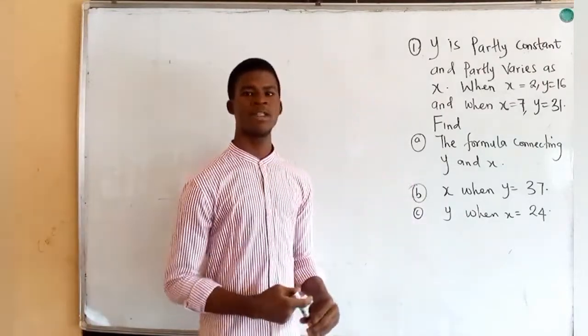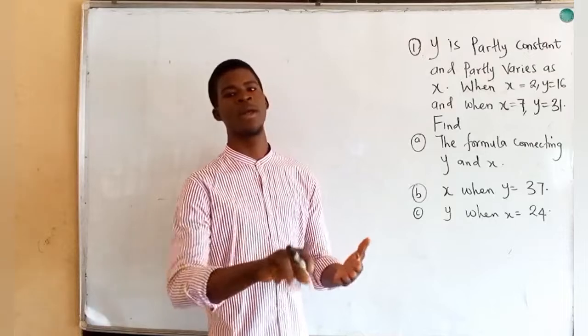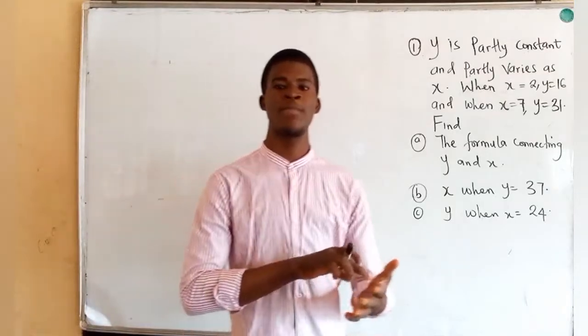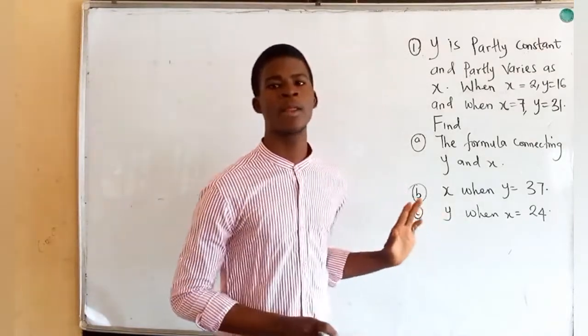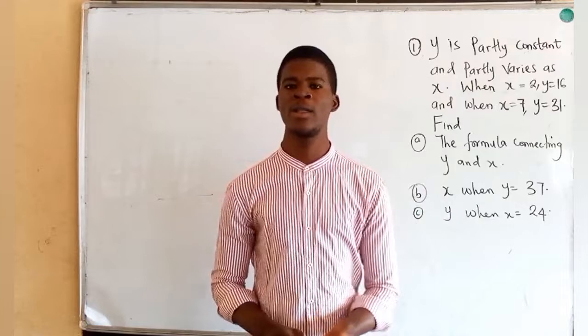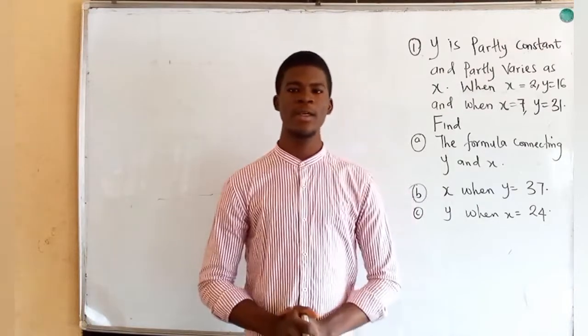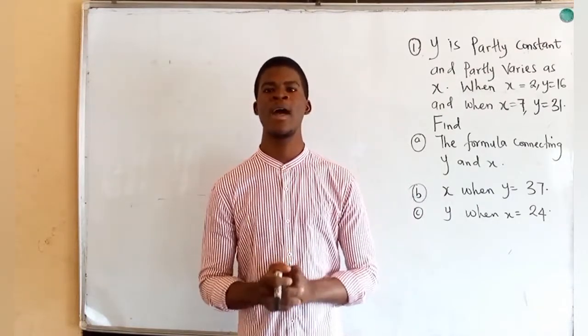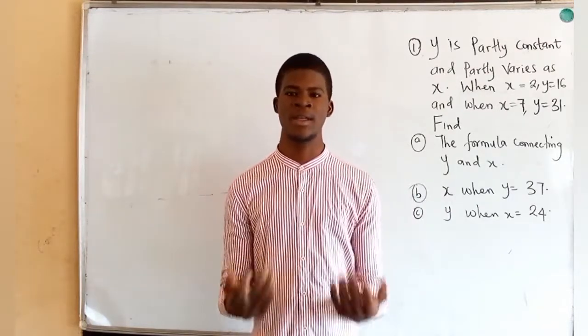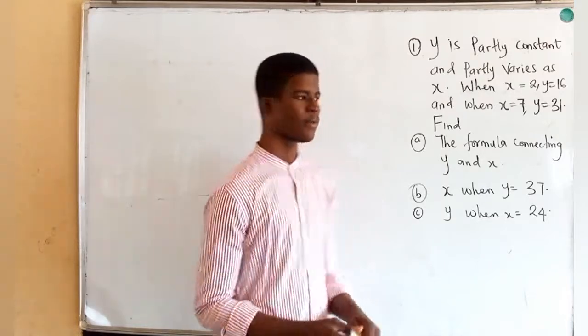For example, I want to express a partial variation statement in equation form. How do I write this? If I say A varies partly as B and partly as C, how do I write this?